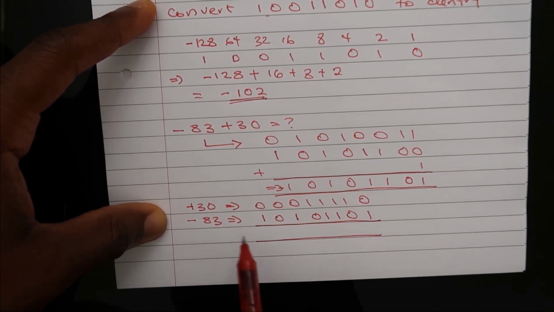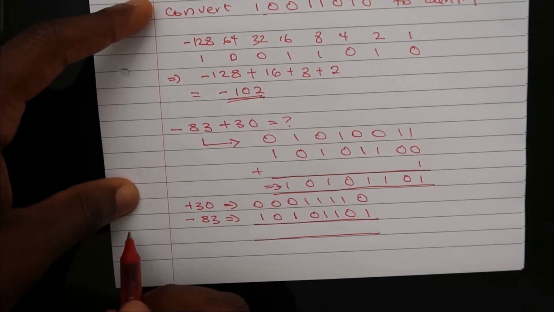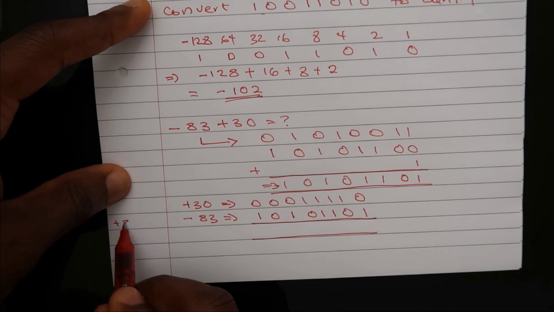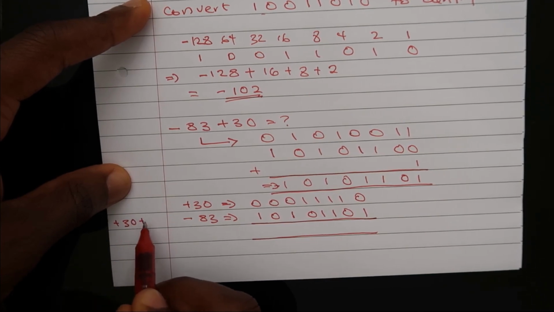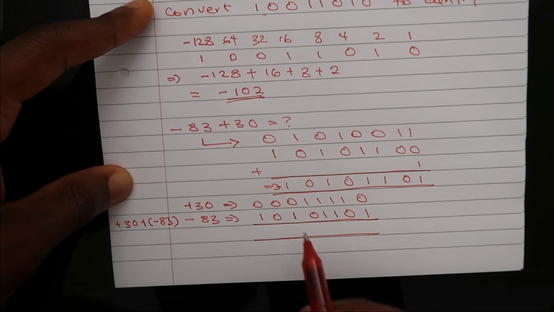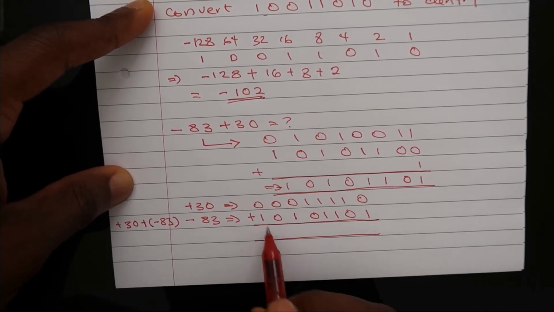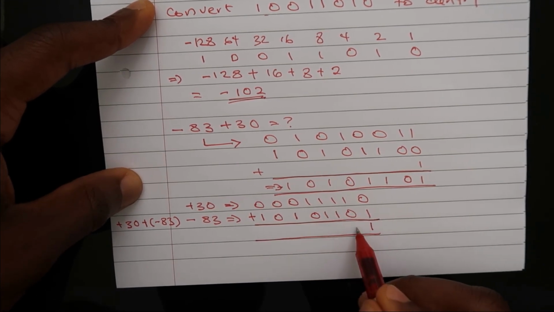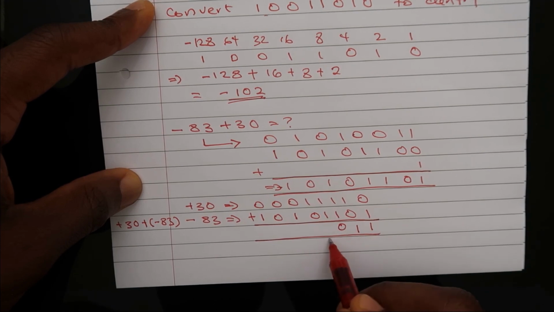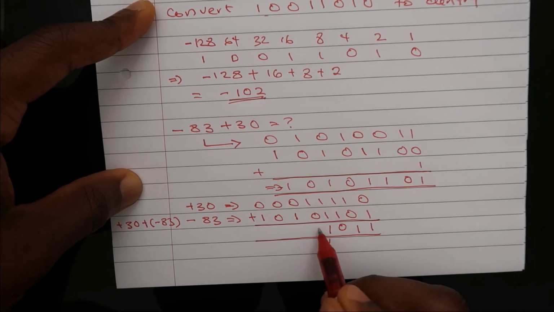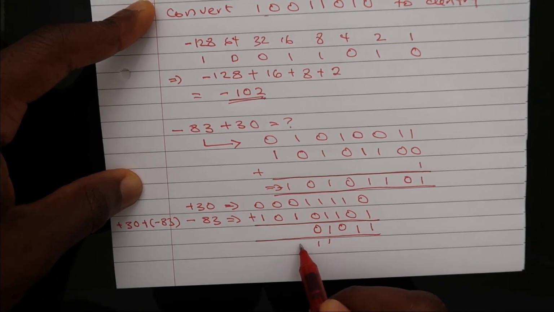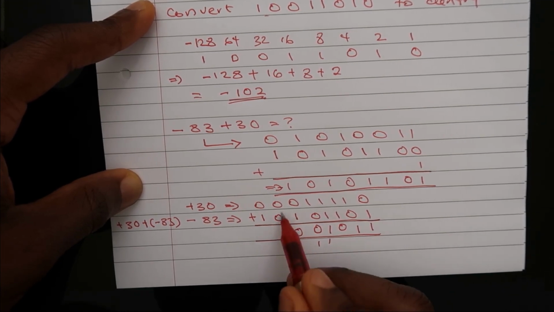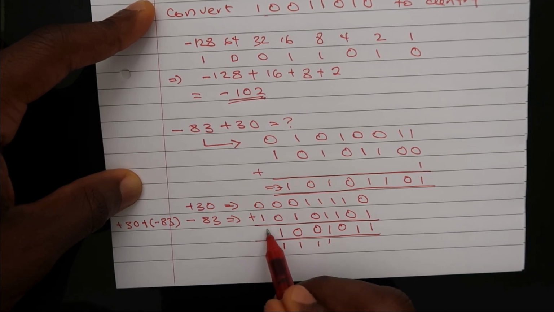So plus 30 minus 83. Do not forget, this is the same as saying plus 30 plus minus 83. If I add both together, I should have 0 plus 1 is 1, 1 plus 1 is 0 carry 1, 1 plus 1 plus 1 is 1 carry 1, 1 plus 1 is 0 carry 1, 1 plus 1 is 0 carry 1, 0 plus 0 plus 1 is 1, 1.